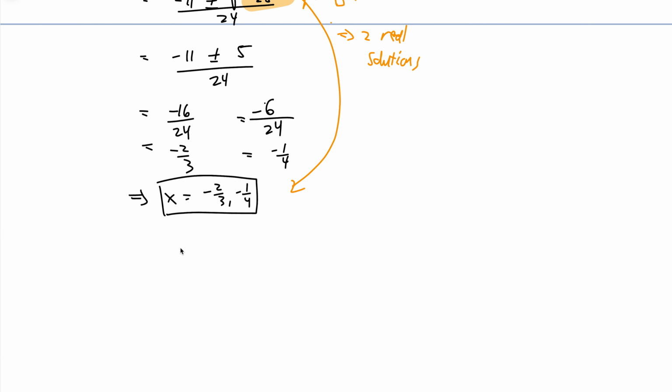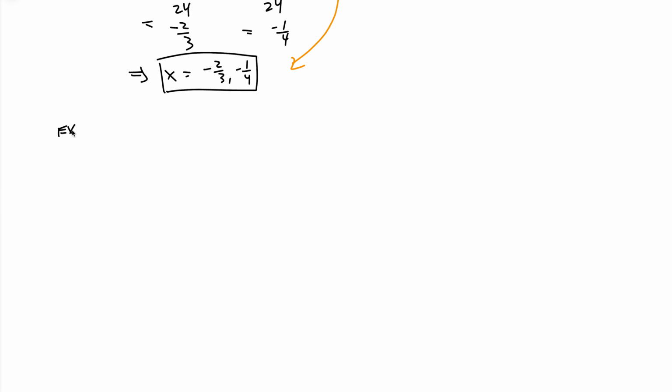Let's go ahead and look at another one. One more for using our quadratic formula. Let's say I'm left with x squared minus 3x plus 3/2 equal to 0. Note how here, the only difference from what we've had previously is that we now have a fraction for one of our coefficients, our c value. Doesn't matter. It's still a number.